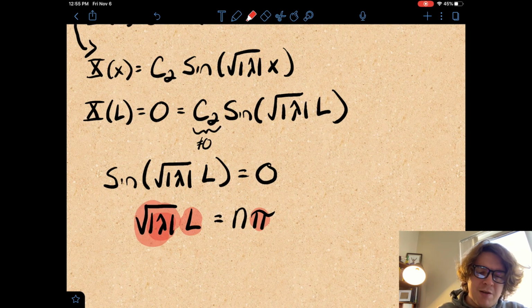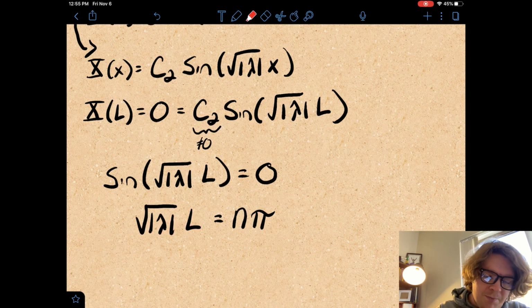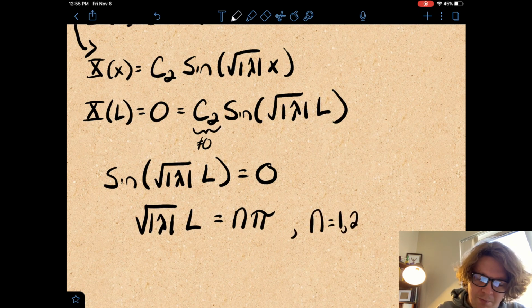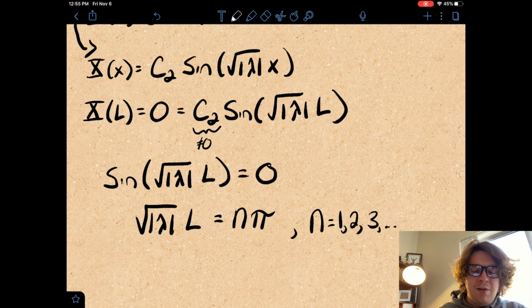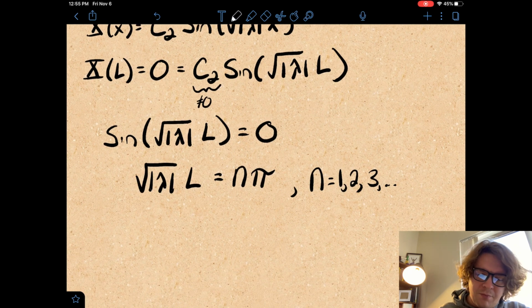Take the square root of something positive and you always get something positive out. So what we're really looking for is values of n that are positive, because the square root of the absolute value of lambda times L is never going to be a negative quantity.